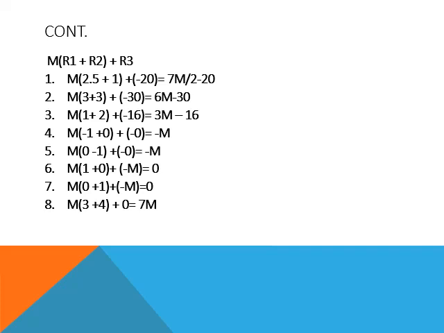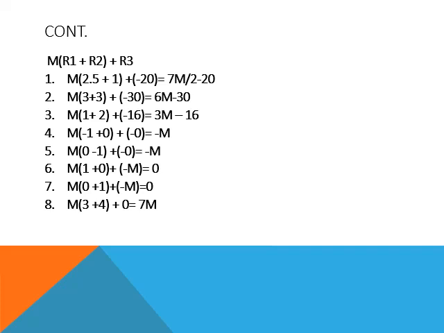So 2.5 is the coefficient of x1 in row 1, and 1 also is the coefficient of x1 but in row 2. R3 is the lower row.